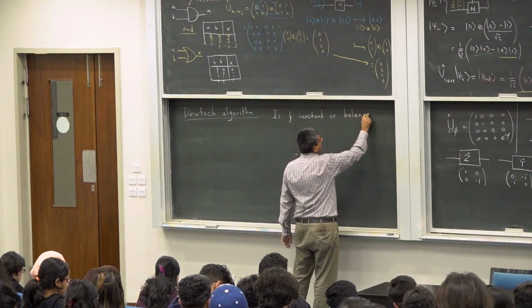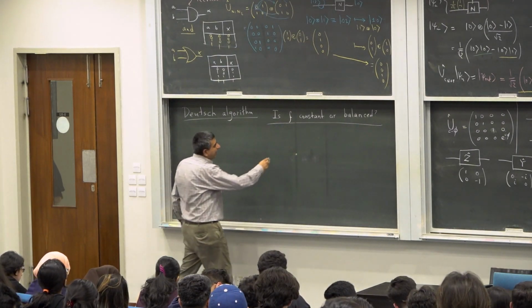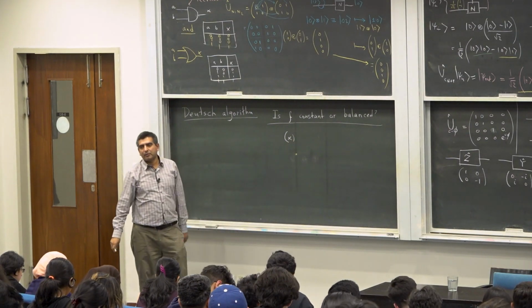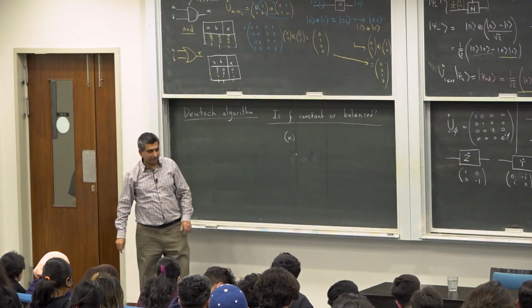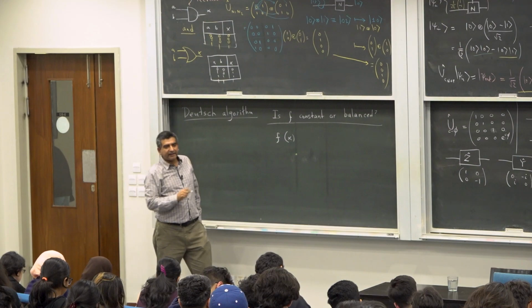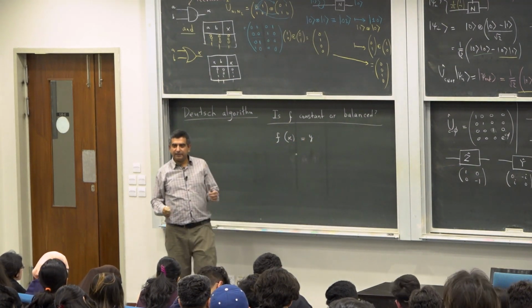Now what does it mean? I have some digit x which can be 0 or 1. This digit x can be 0 or 1 and a function acts on this and it gives me a digit y, and y can be 0 or 1.